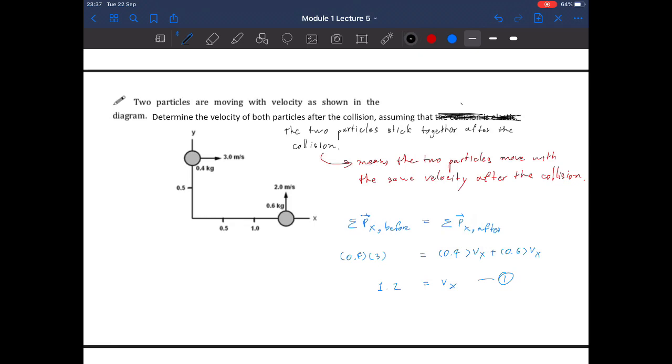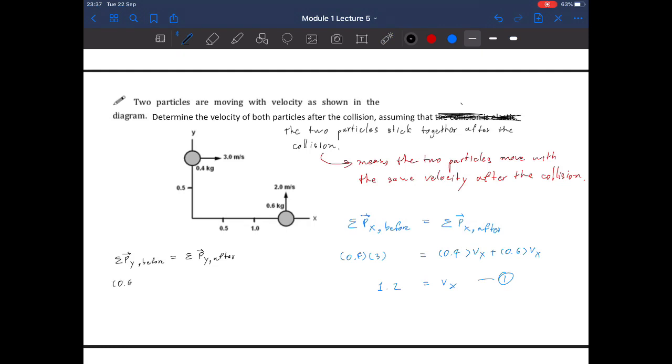Now the second equation would be sum of py before must be equal to sum of py after. Okay, so what is the total momentum in the y direction before the collision? So you can see that only this mass has the momentum in the y direction before the collision.